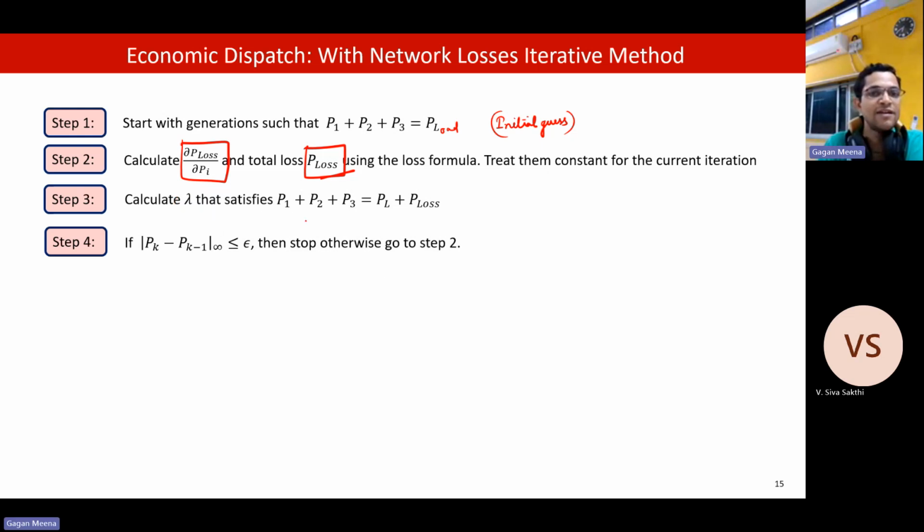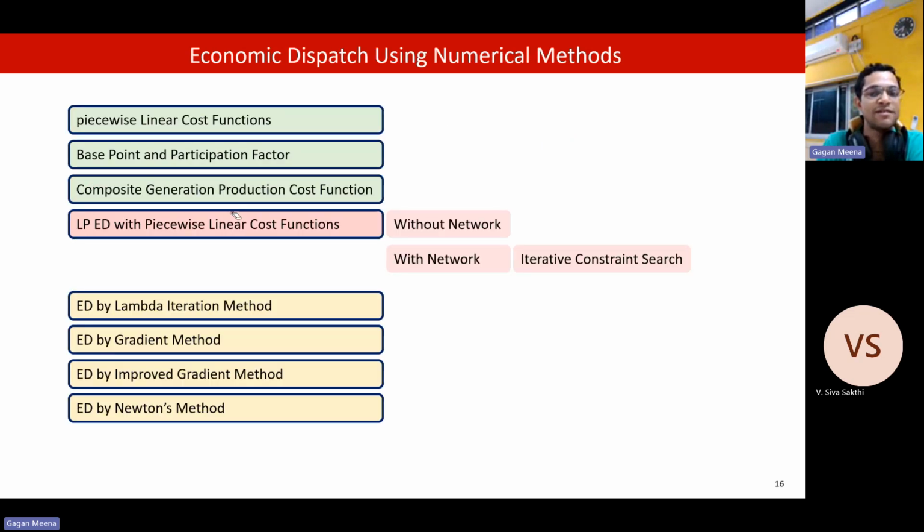And again, we will find out P1, P2, P3. Find out the lambda first and then using lambda find out P1, P2, P3 again. These P1, P2, P3 will be different from what we have assumed.